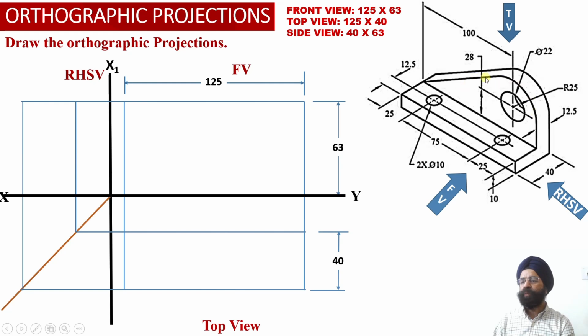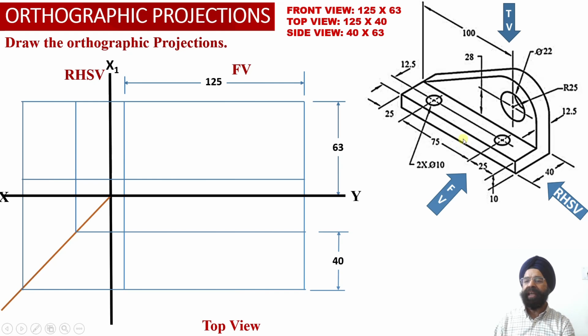And into this vertical web, there is a circular hole which is having diameter equal to 22 millimeter, and the top circular portion which is available on the right hand side is having radius equal to 25 millimeter. So let us start with the construction of orthographic projections corresponding to element number 1.